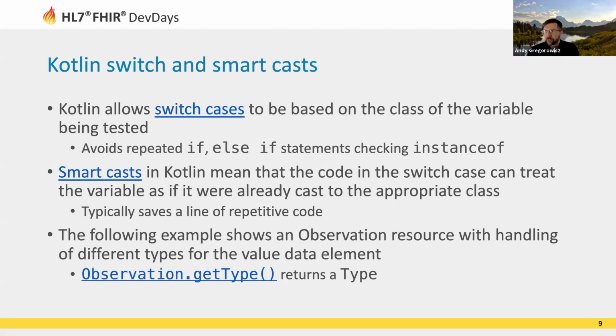It typically saves you a line of code where you say, if this variable is an instance of physical quantity, and then the next line down, you say physical quantity PQ equals, cast whatever that variable was into a physical quantity. So it saves you a line of code there. And I'm going to show you on the next slide an example of what that looks like where we're getting the value out of an observation.